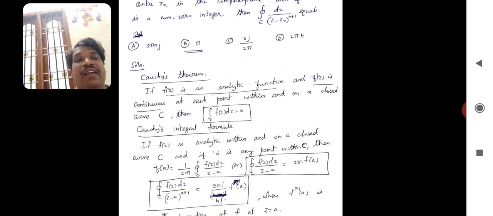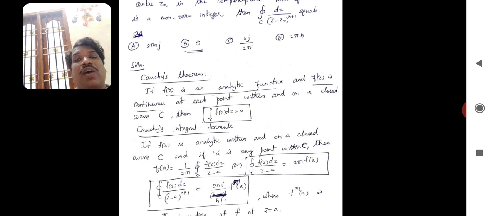Generally when we solve problems, we are going to use the second form of Cauchy's integral formula, because usually to apply Cauchy's integral formula or Cauchy's integral formula for derivative, the question contains only integration. So I am rewriting Cauchy's integral formula like that.